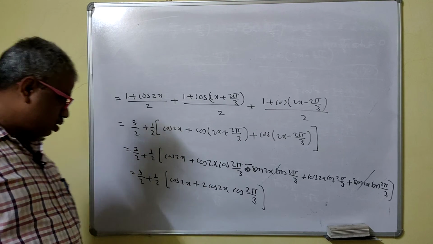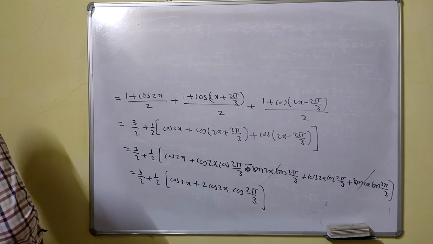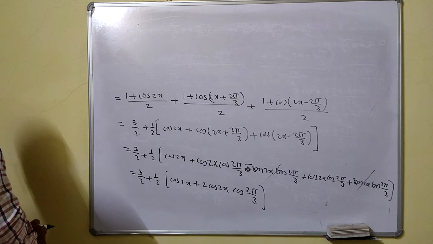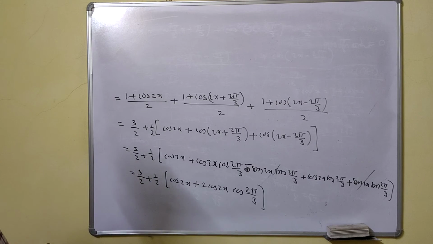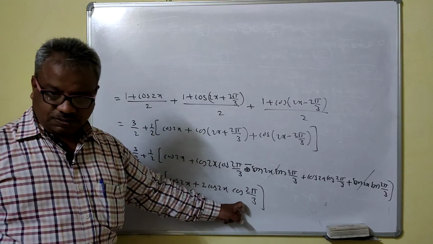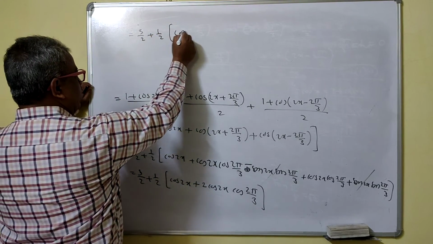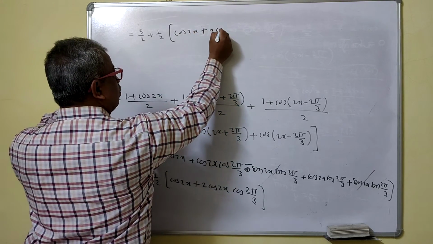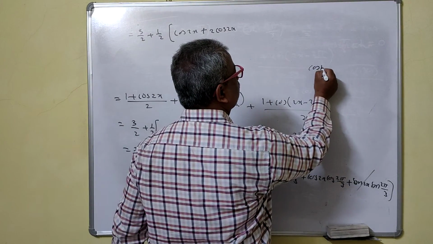What is the value of cos? We will find the value of this one. So this is 3 by 2 plus 1 half cos twice x plus 2 cos twice x. Now cos 2 pi by 3, we will write the value in the rough work.